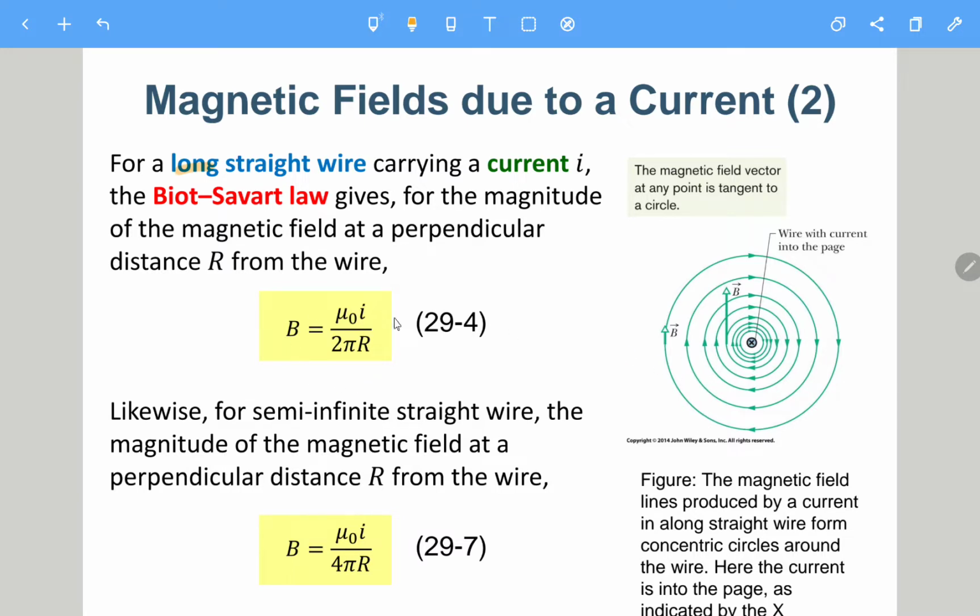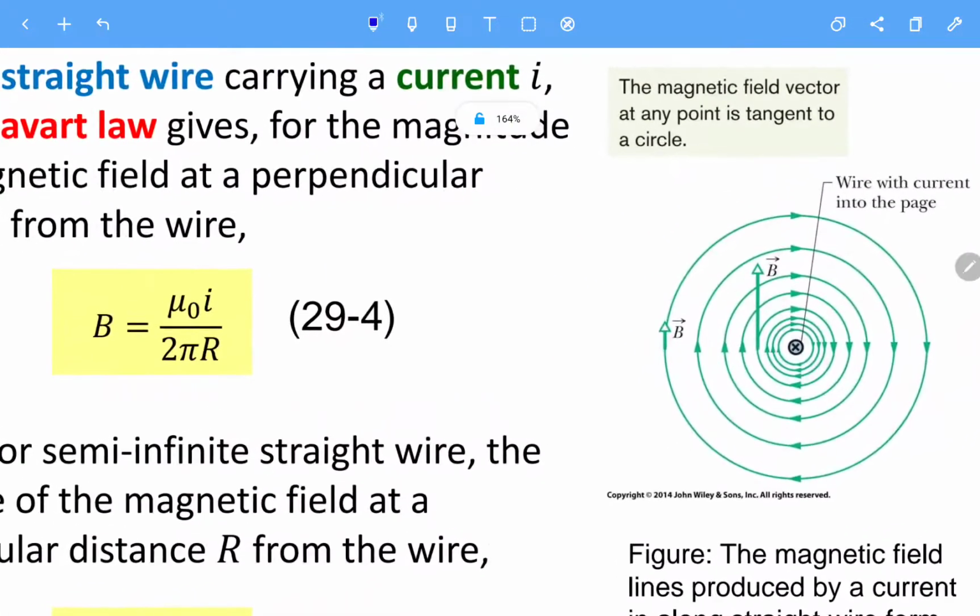Okay, so here the magnetic field, for example, at this point, the distance between the current and this point is R. So the magnitude of the B field here is mu0, the permeability constant just mentioned, and I is the current here, and 2 pi is a constant.